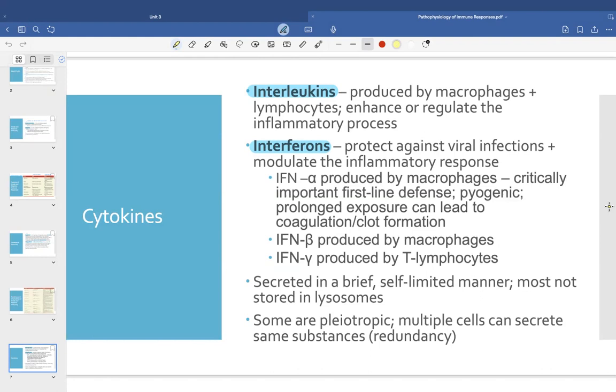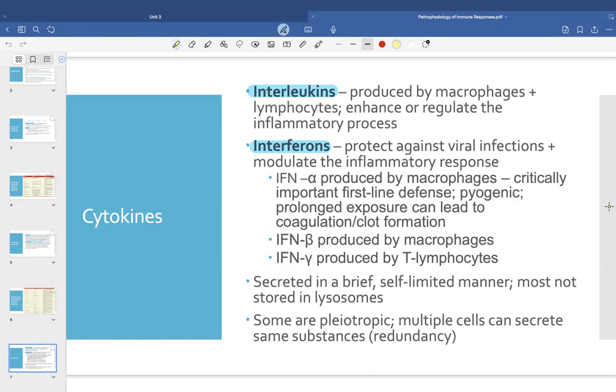And so realize that these particular cytokines, they're meant to be brief. They're meant to be very self-limited and targeted. Most of them are not stored in your lysosomes. So you're not going to get massive release.